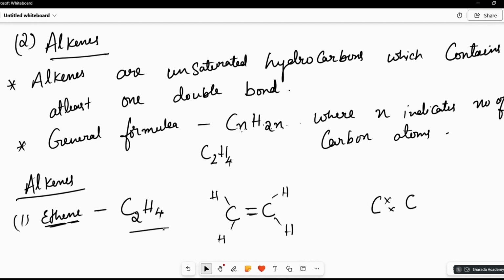Structural formula: first write two carbon atoms and write a double bond for that. So two bonds are already formed. The remaining two you have for hydrogen. Okay, clear now? And now you should write the electron dot structure.